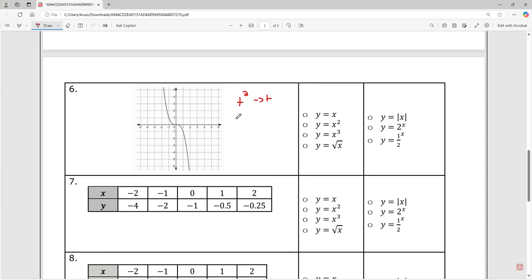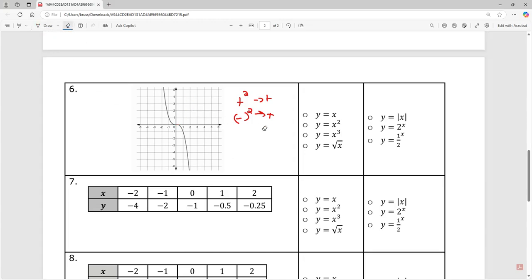If you square a negative, you get a positive. So this is why you always have a positive up here. That's why it always turns and points the same direction in a quadratic equation.